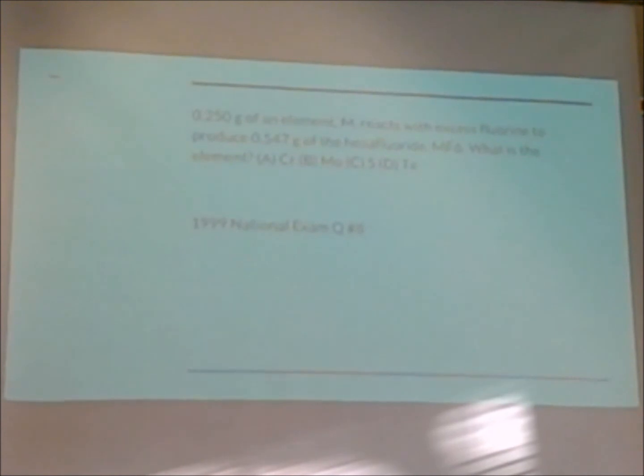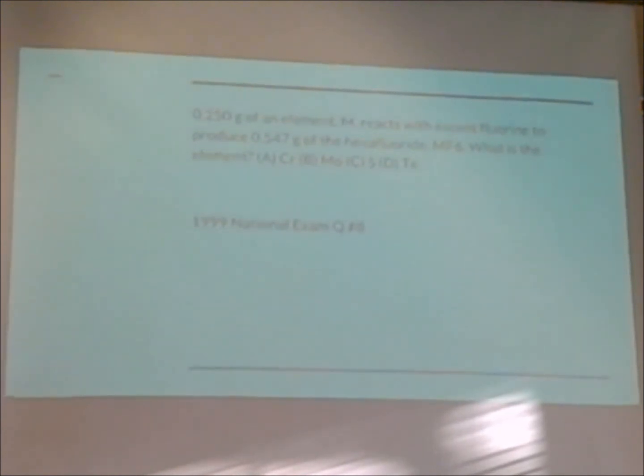So this is our molar mass essentially, grams divided by mole. I am going to hope that when I look up 96, it should be Mo, molybdenum. So B should be our answer. I'm hoping everyone followed, because I barely followed myself.